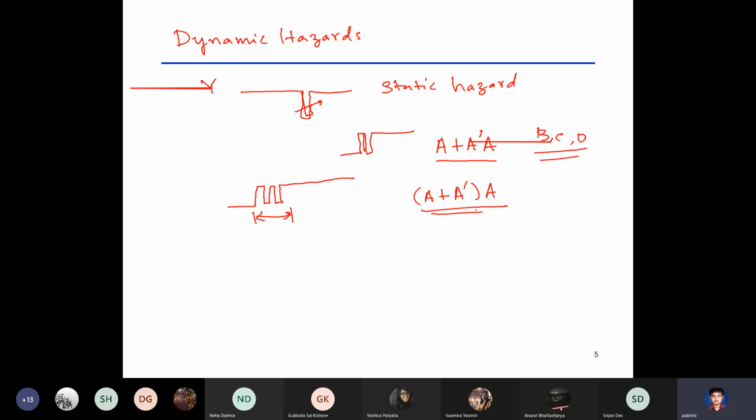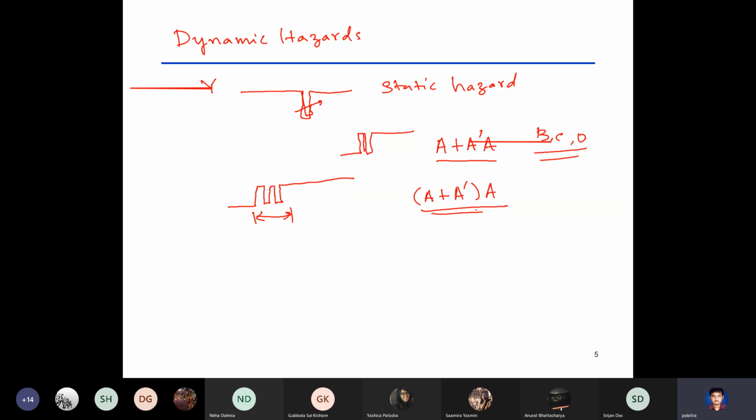You can also think of this as a combination of multiple static hazards. Okay, so if the function reduces to something of this form, then you can have a dynamic hazard.